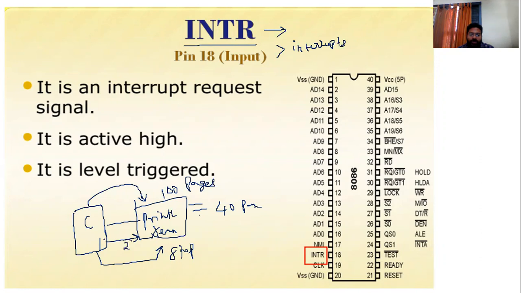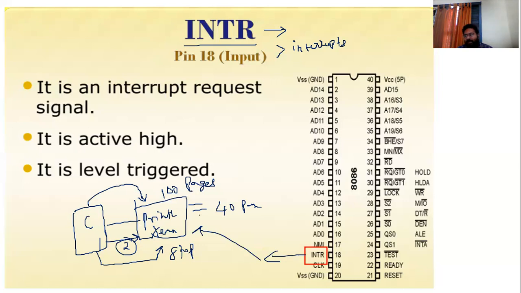You send some interrupt request to the printer, and if it is acknowledged, then it can print the other information.